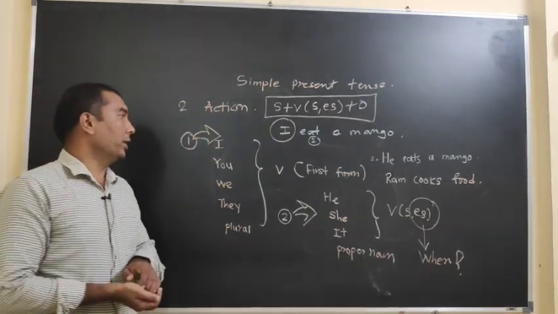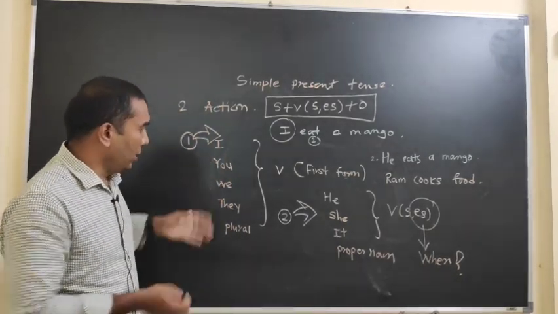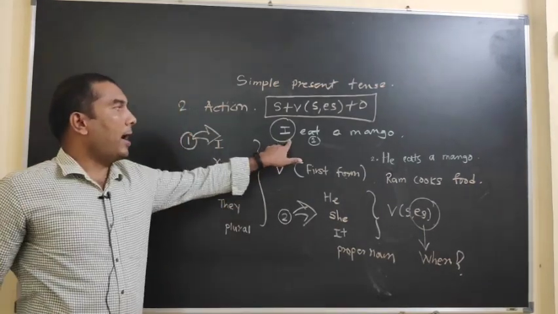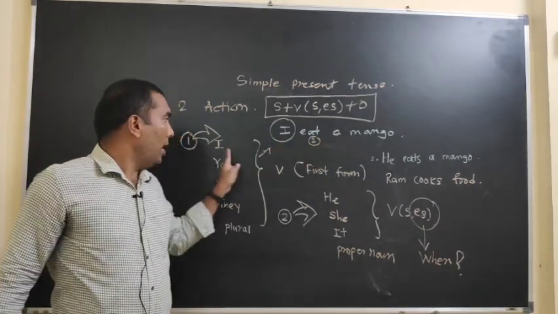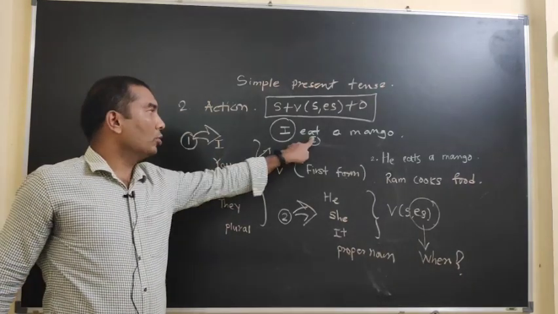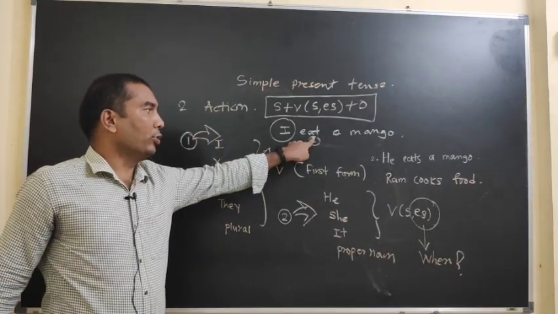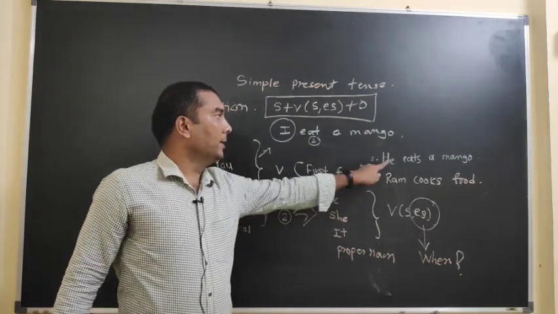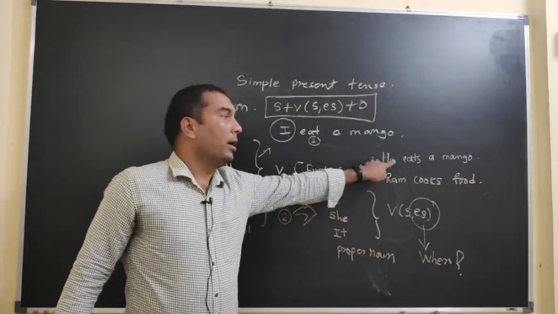Again, I want to tell you, first example, according to this rule, I have written here that I eat a mango. I is a pronoun, so I have used the verb's first form. But here, according to the second formula, he is a subject.